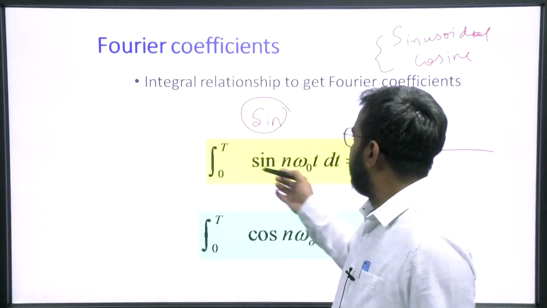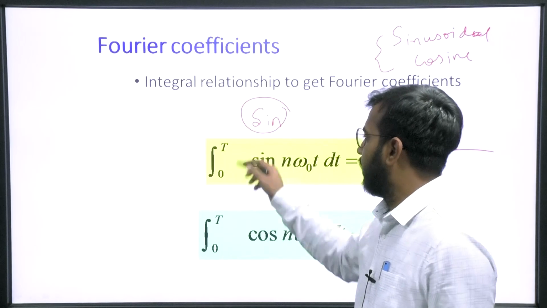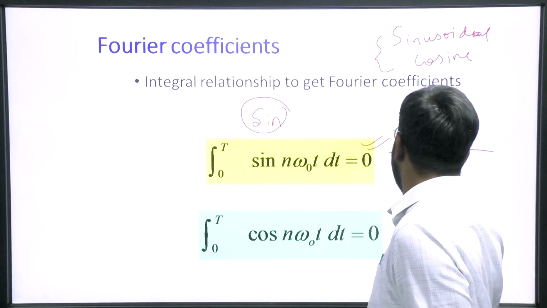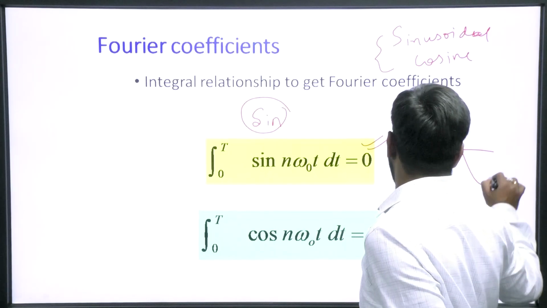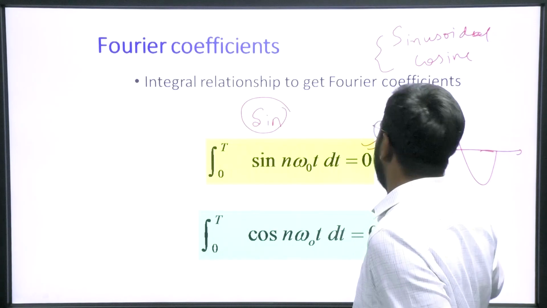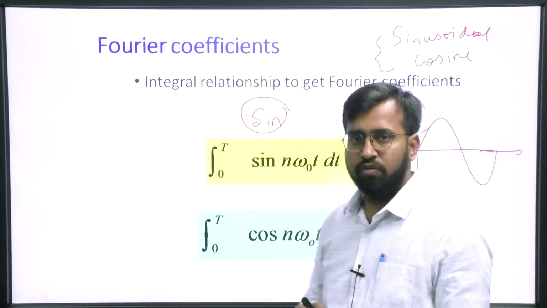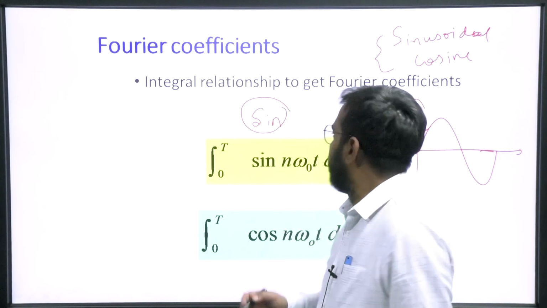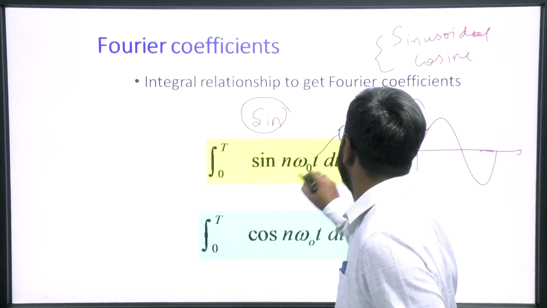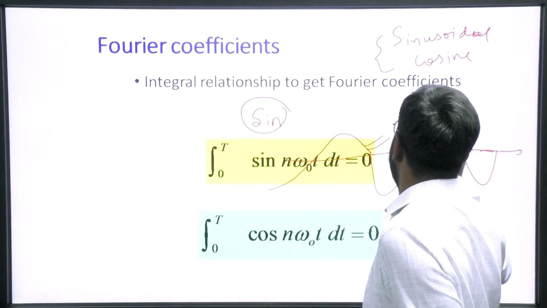You must be remembering this: the integration of a sinusoidal function over one time period is always 0. Why 0? Because a sinusoidal signal is an odd function. What do we mean by an odd function? A function which is symmetric around the origin is an odd function.